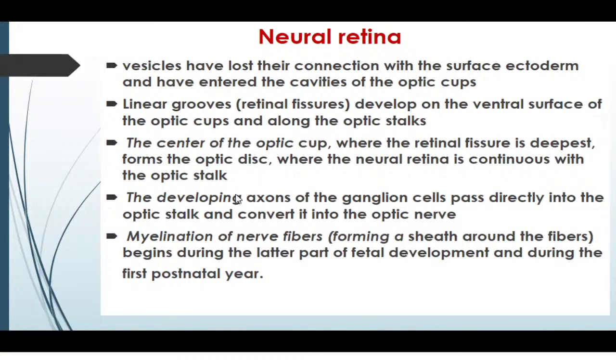The developing axons of the ganglion cells pass directly into the optic stalk and convert it into the optic nerve. Myelination of the nerve fibers, forming a sheath around the fibers, begins during the later part of fetal development and during the first postnatal year. So the formation of the eye continues after childbirth.